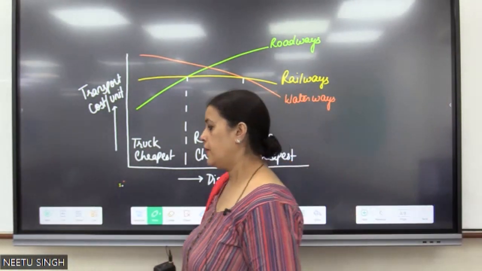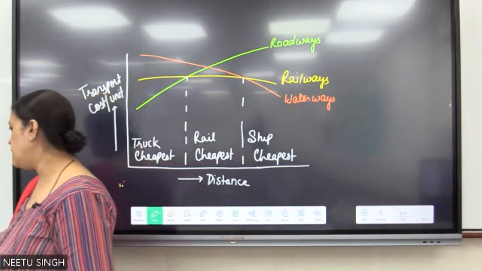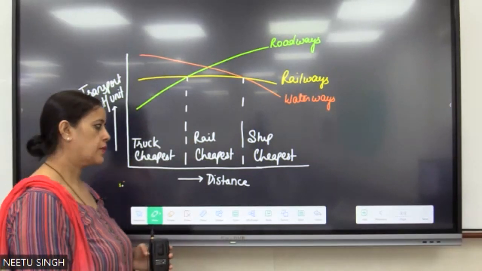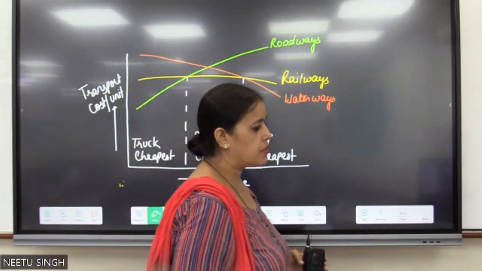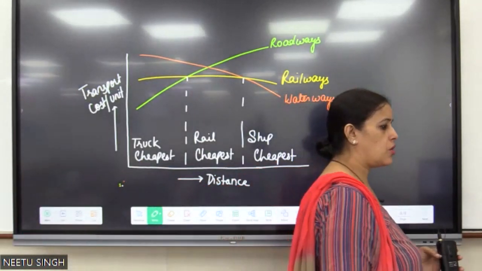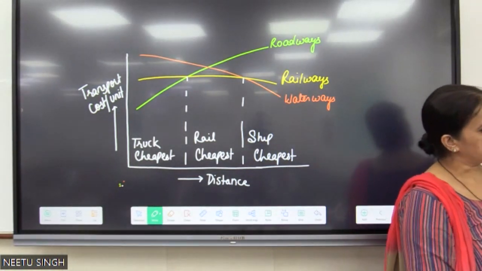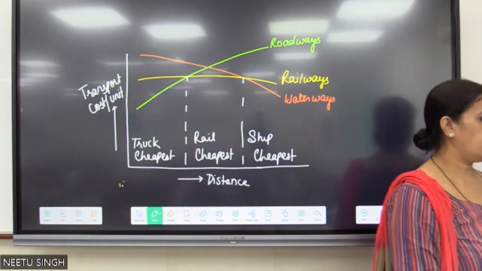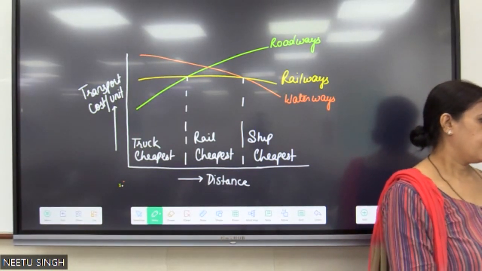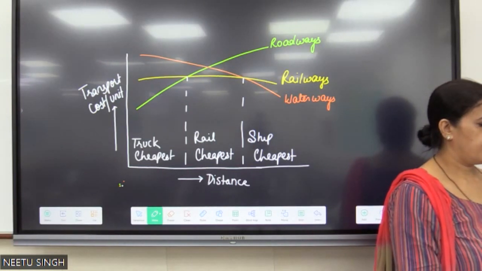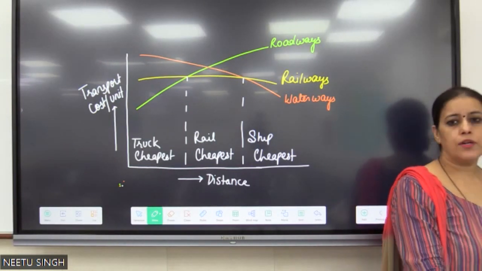In bracket, write down: as the handling charges of seaport are exponentially high. I think you have understood it.